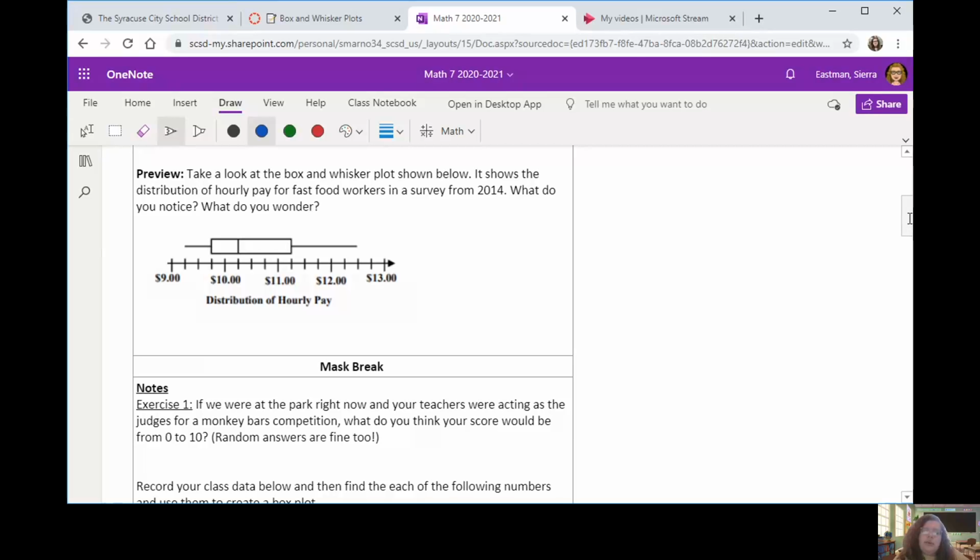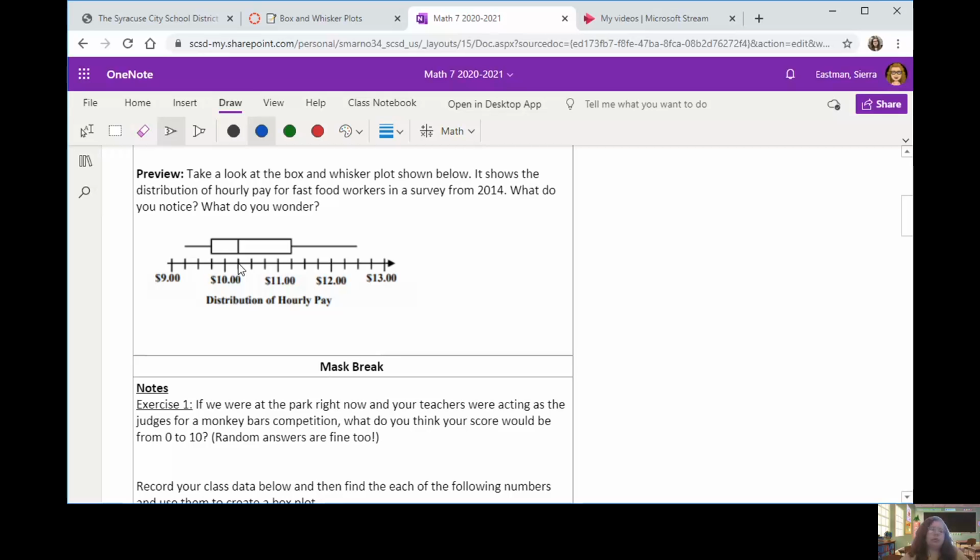I'm going to let you guys know why it is actually called that in just a second. It shows the distribution of hourly pay for fast food workers in a survey from 2014. What do you notice? What do you wonder? So it's kind of showing the wages of different workers. For example, this point here could be, I think that would be $10.25.